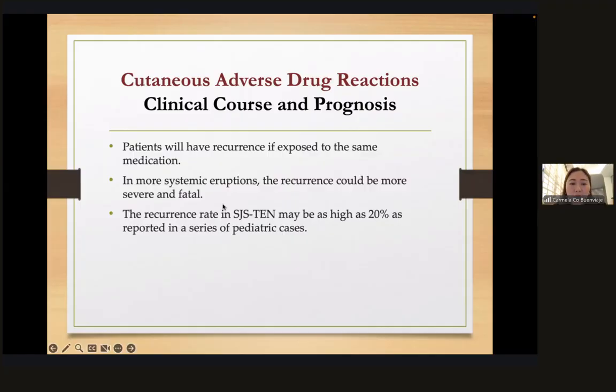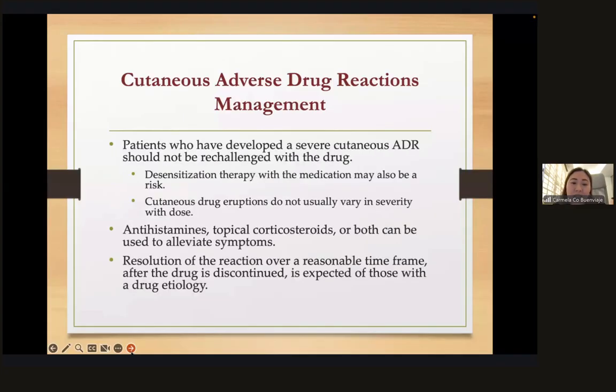In more systemic eruptions, the recurrence could be severe and even fatal. The recurrence rate in SJS/TEN may be as high as 20%, as reported in a series of pediatric cases.